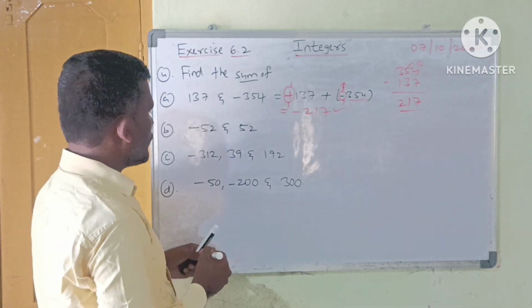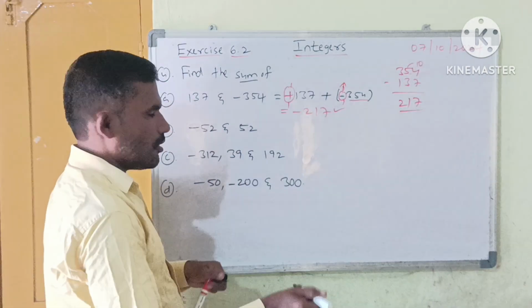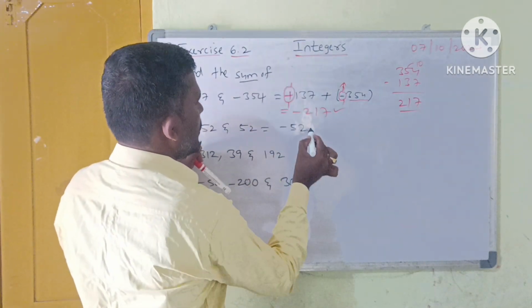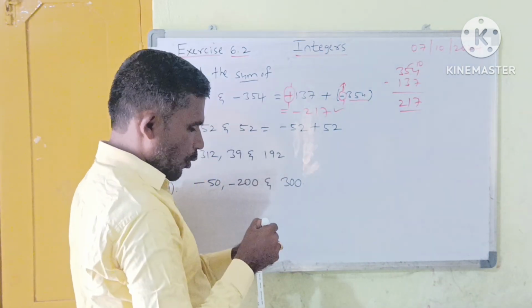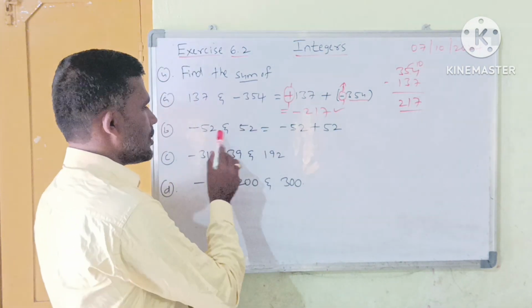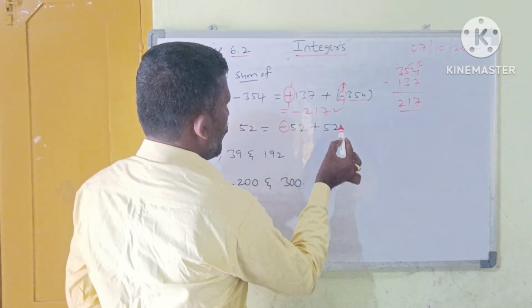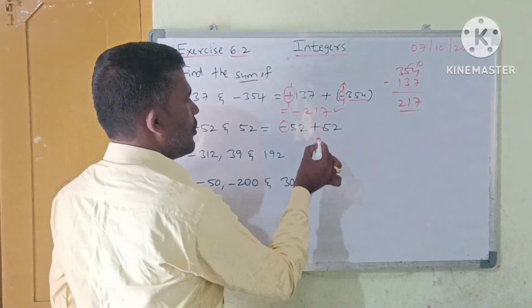Next, second: minus 52 and 52. Minus 52, sum is plus 52. Whatever values he has given, he has given the same values but different signs here. Here minus 52, and here plus 52, positive 52.